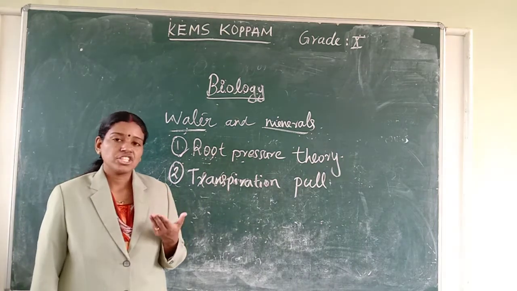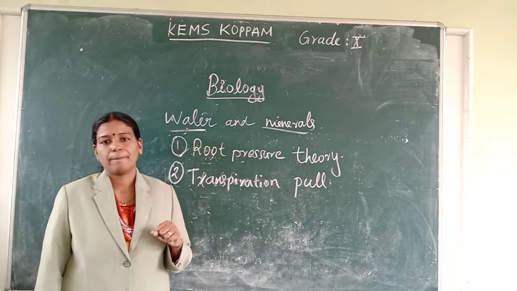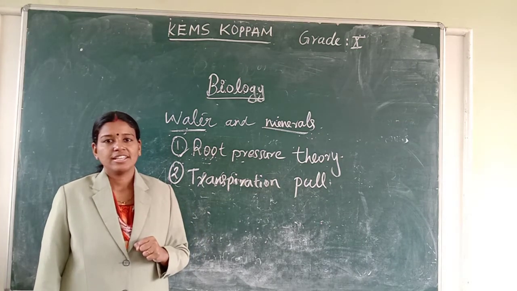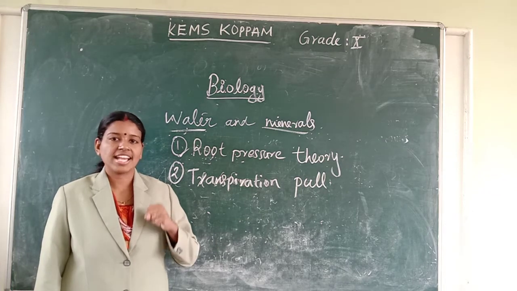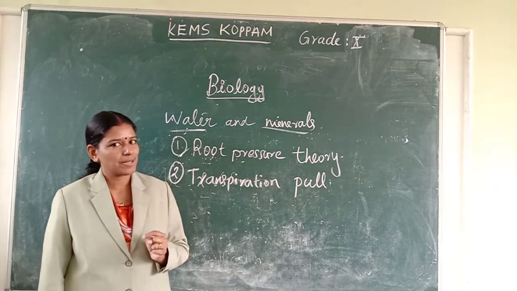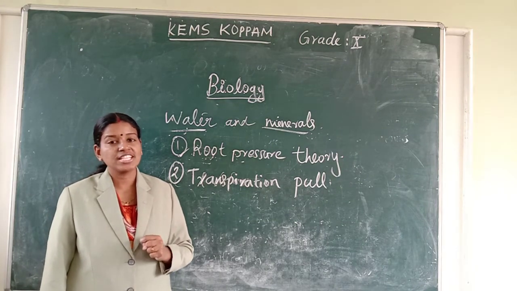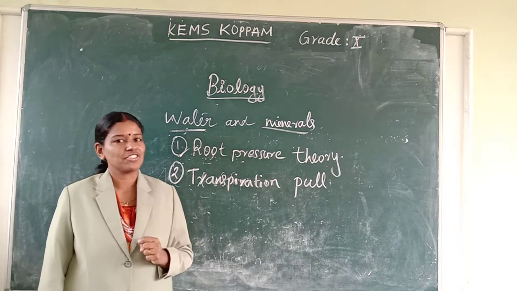In the case of transpiration pull, what is transpiration pull? We know that excess water is expelled out through stomata by means of transpiration. Transpiration is evaporation through the leaf surface, right?